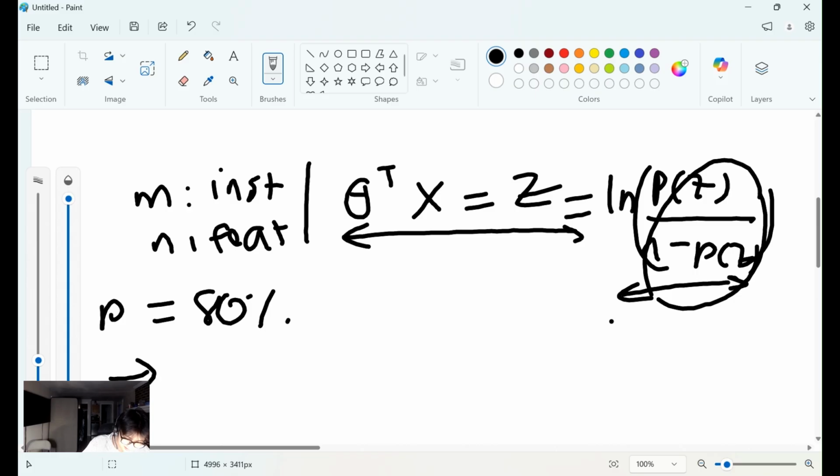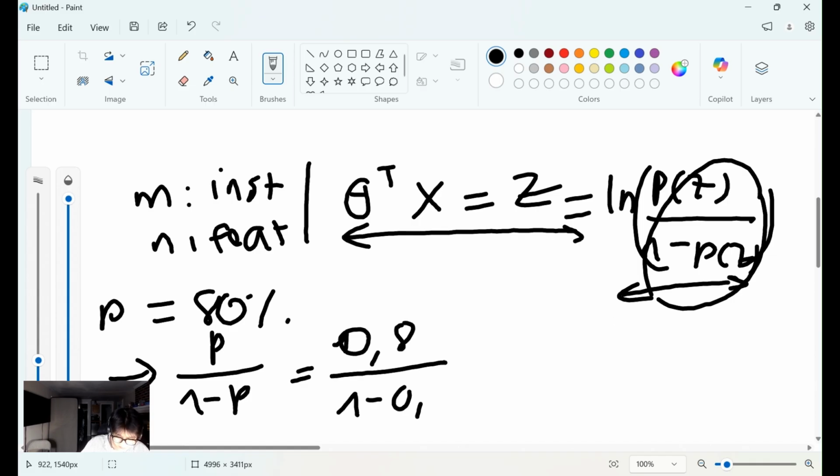And the odd is just P over 1 minus P, which is 0.8 over 1 minus 0.8, that is 8 over 2, that is 4. So I'll say in other words, the odd that there will be rain tomorrow morning is 4. Just a different way of saying it.